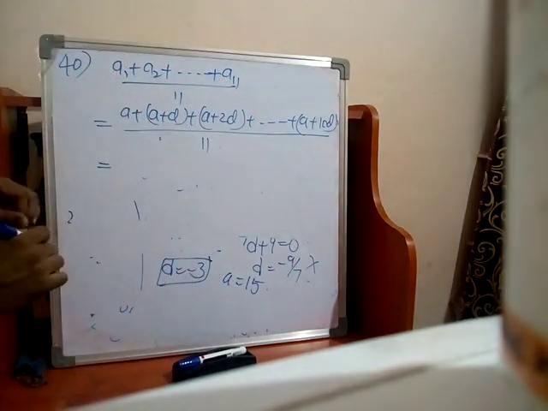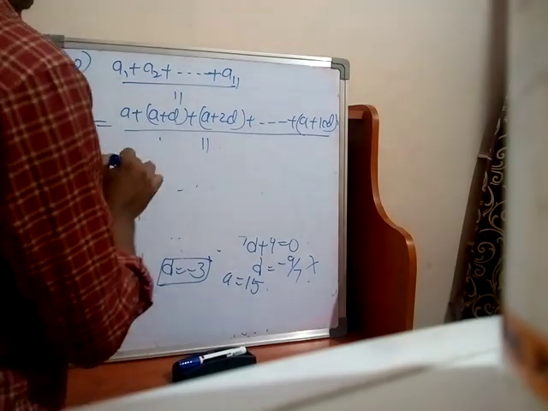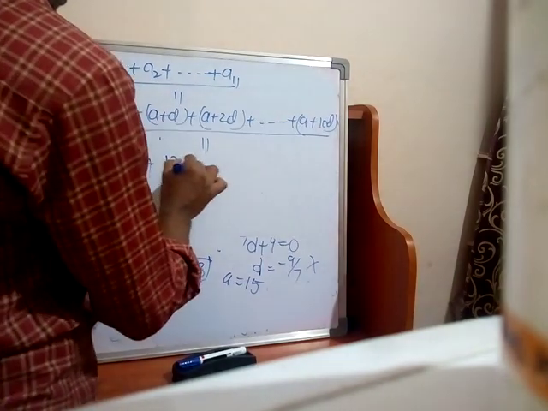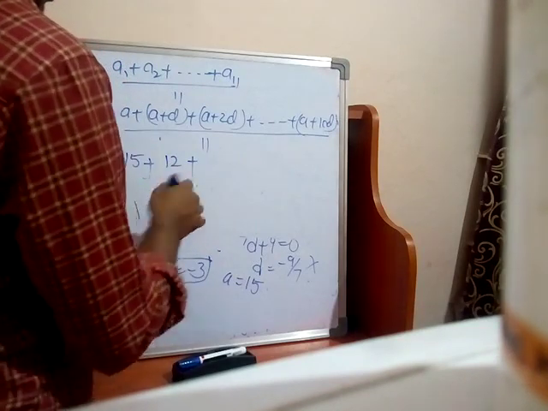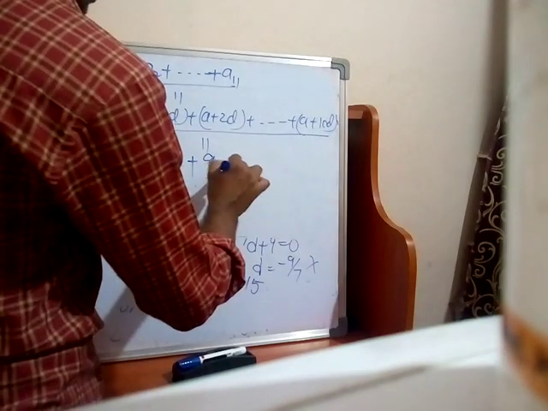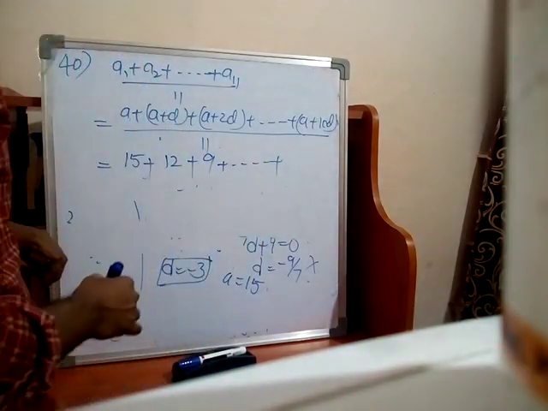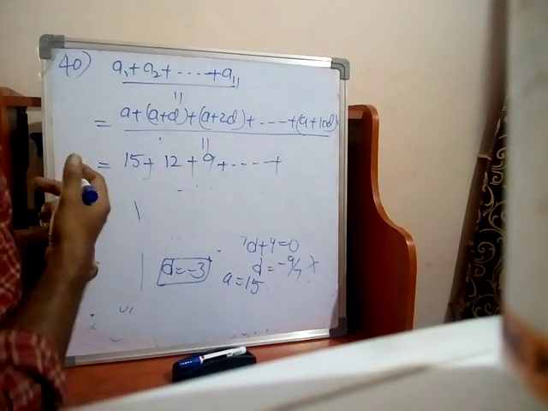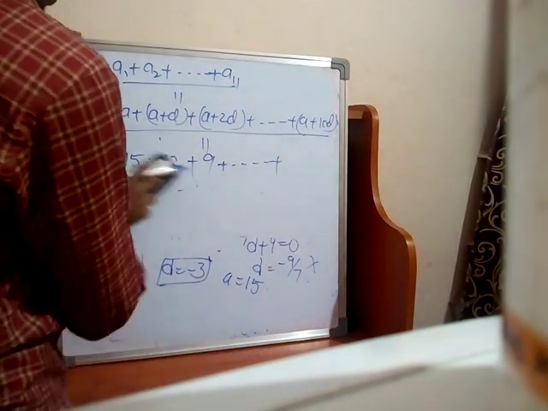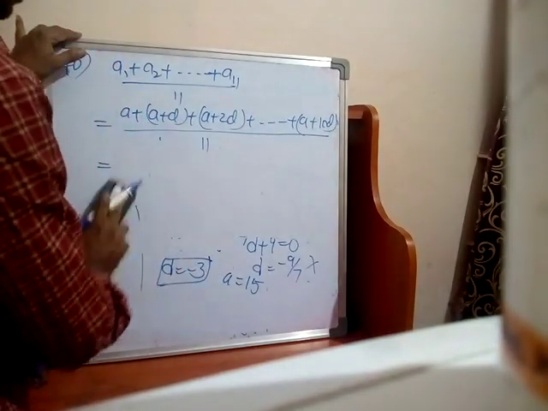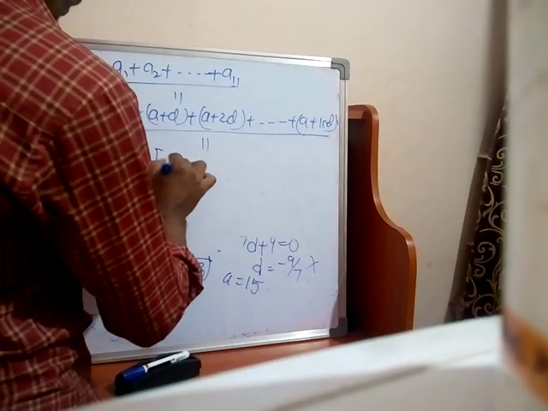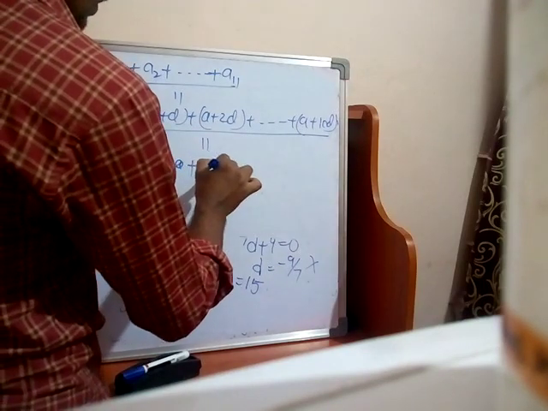So here 15 plus 15 minus 3, how much? 12, plus 12 minus 3, 9, plus so on, like that. Last term is how much? Or apply sum of terms in AP. Okay, no, apply the direct formula. Sum of 10 terms, 10 by 2 into 2a plus 9d.